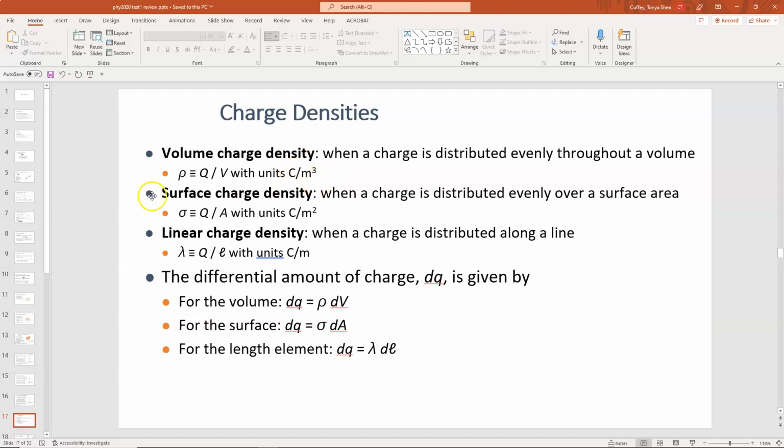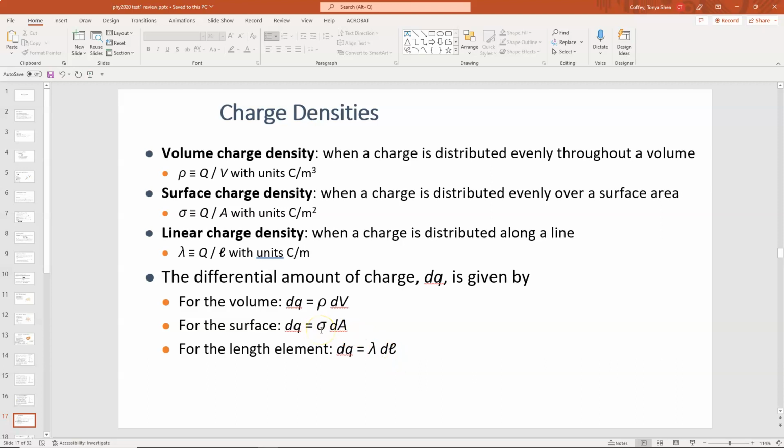If it's a surface charge density, then it would be the charge divided by the area, and would have units coulombs per meter squared. And if it's a linear charge density, then it would be a charge per unit length, and it would have units coulombs per meter. And then you would write your dq for volume, surface, and length elements respectively as rho dV, sigma dA, and lambda dL. Okay, so that's how that's handled.